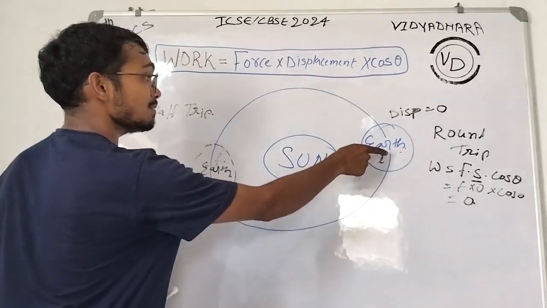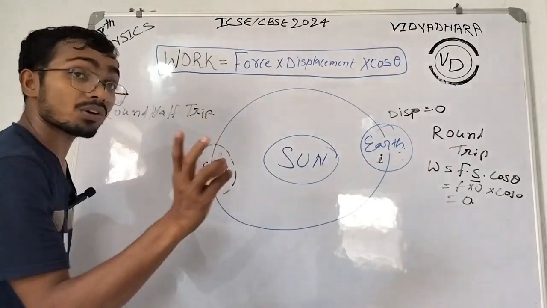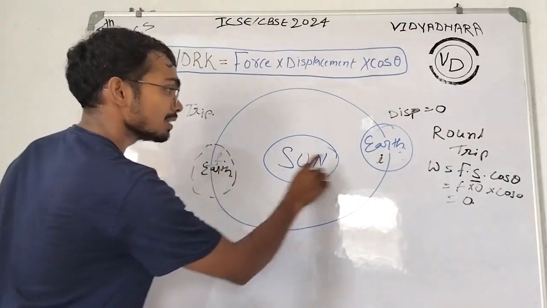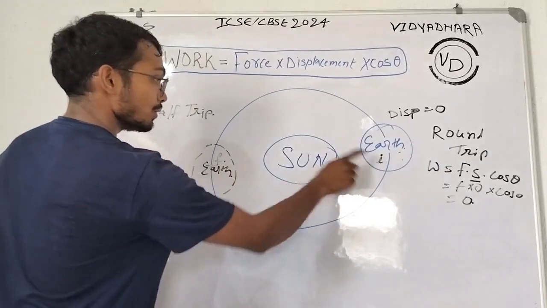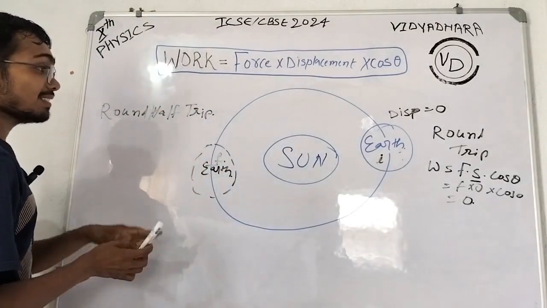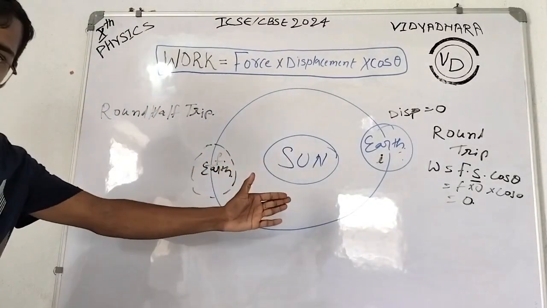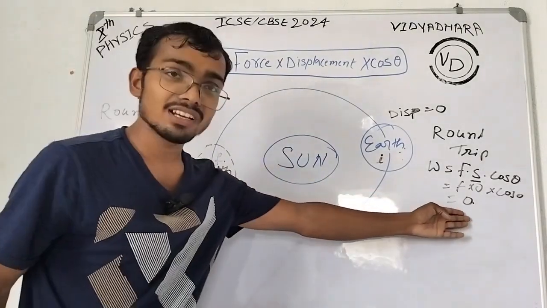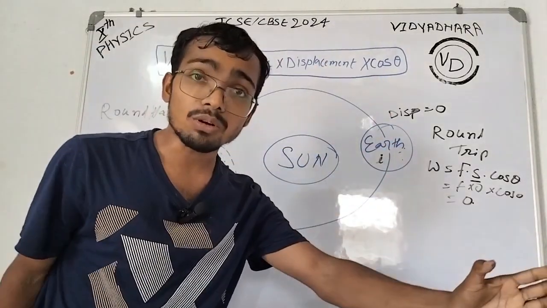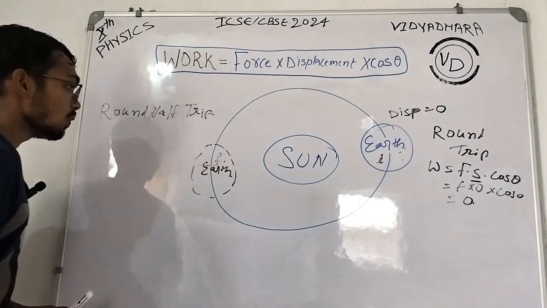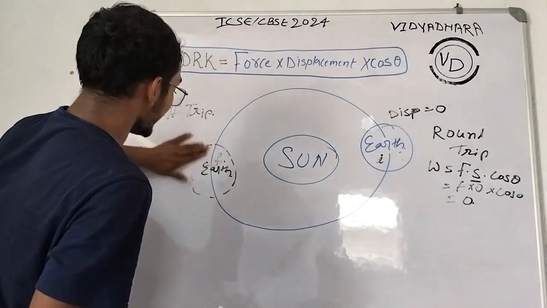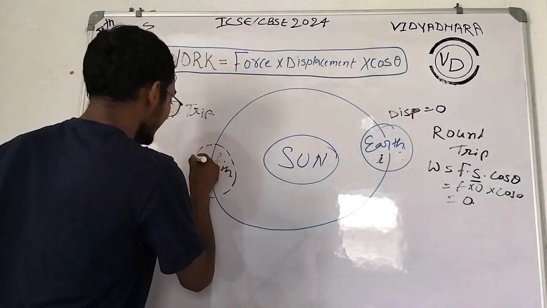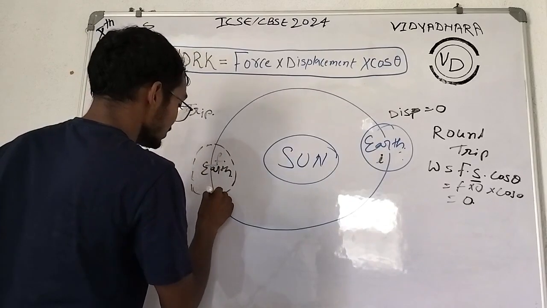So what is the distance between this and this? Not zero. That means what? Work done is wrong? Here, what we get, for the round trip, work done is wrong? No, wait. Just wait a few seconds. I am going to tell you.